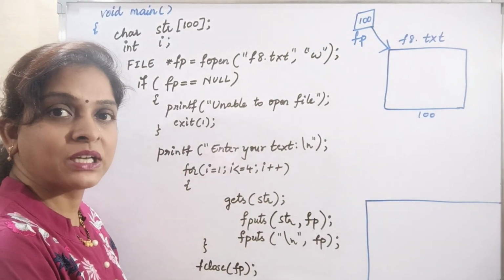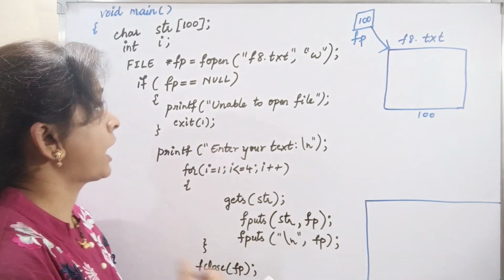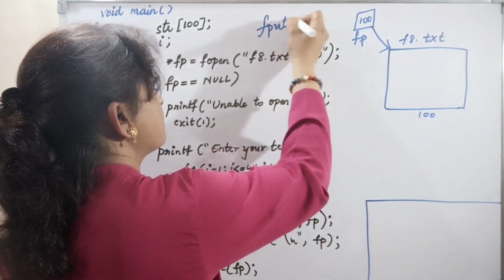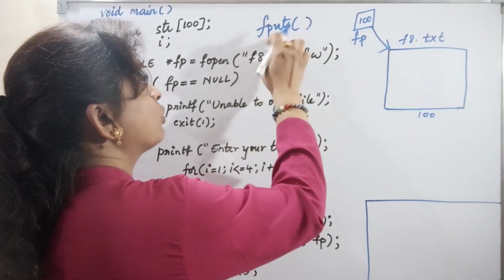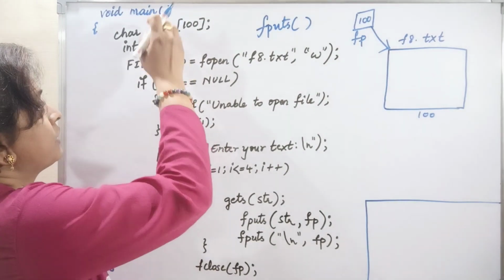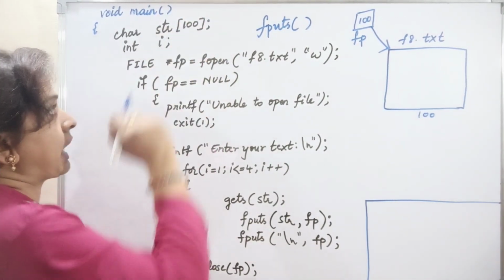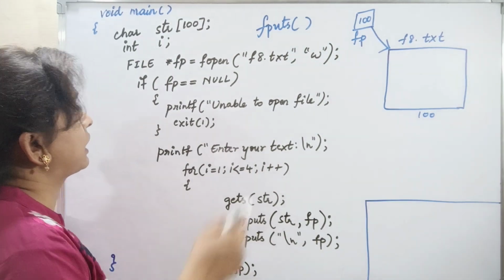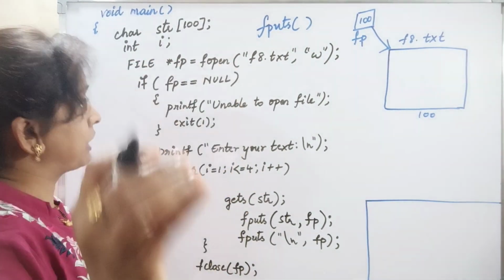So here we go with a complete program to understand fputs. We are learning fputs, that is how to put a complete string to the file. As usual, we have the file pointer and a character array by name str. The array name is str and I have a control variable i. I'll tell you why we use it.